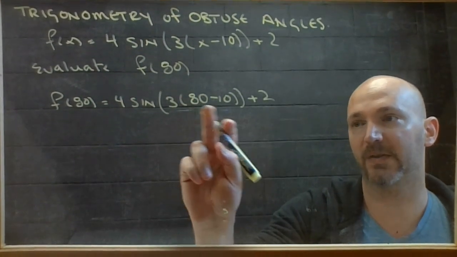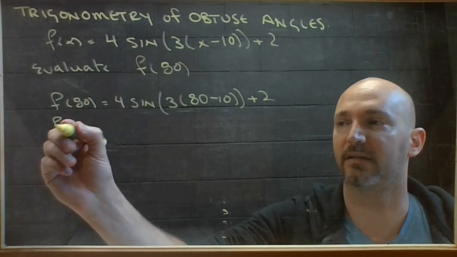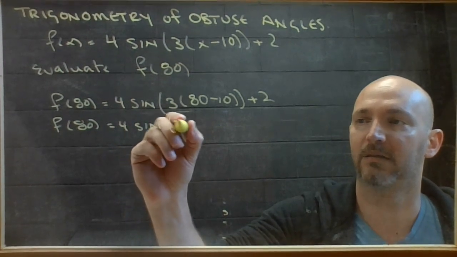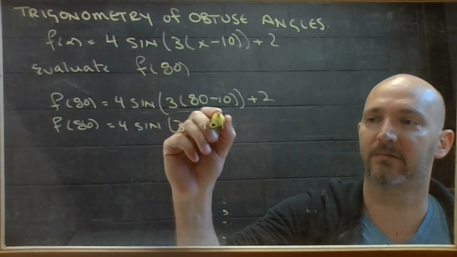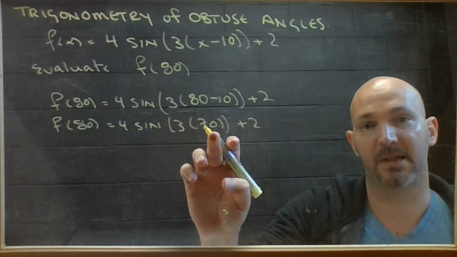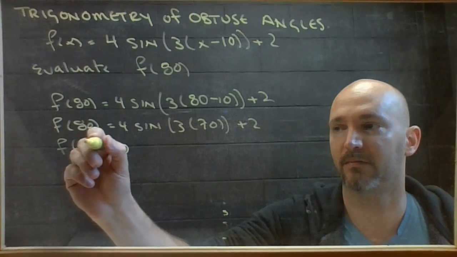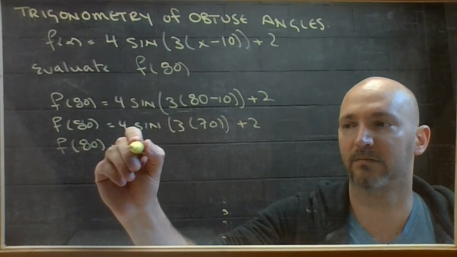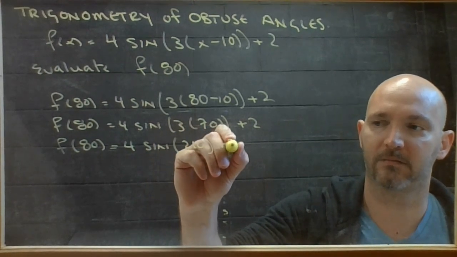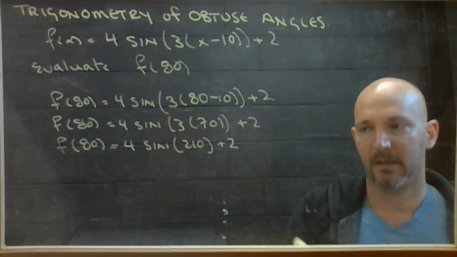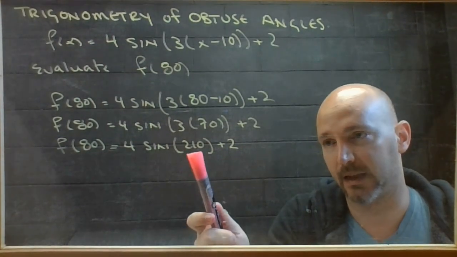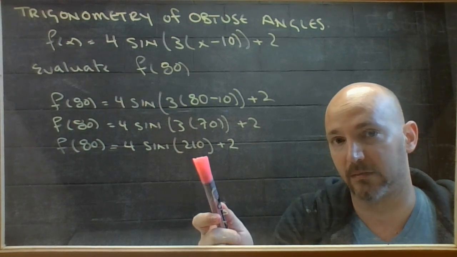I have to do this first. 80 minus 10 is 70. Three times 70 is 210. And you don't have to panic that this is bigger than 90 degrees.